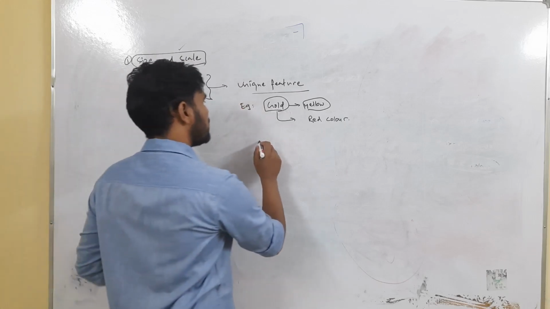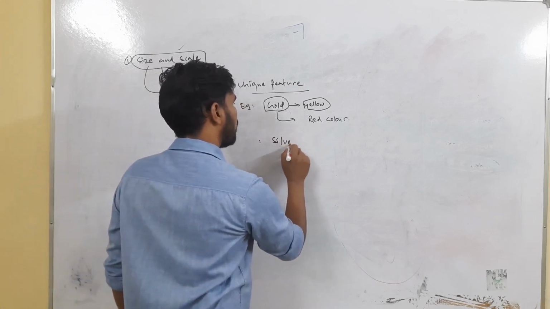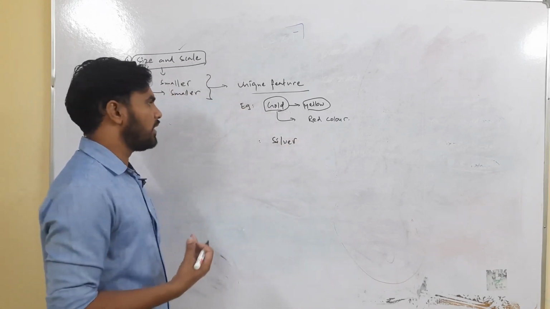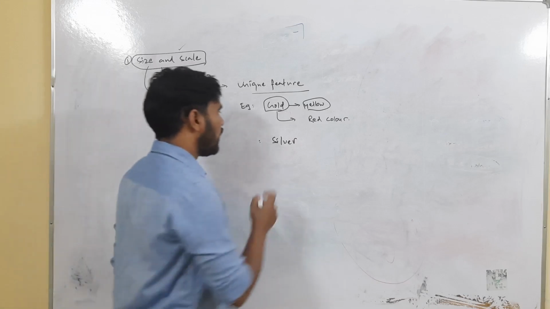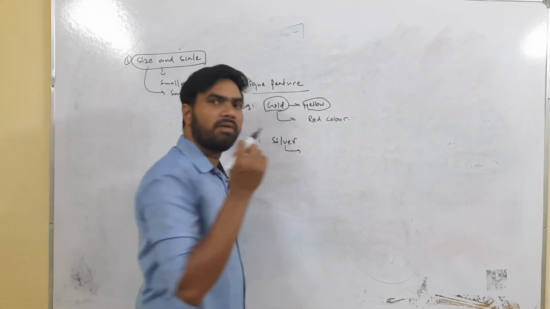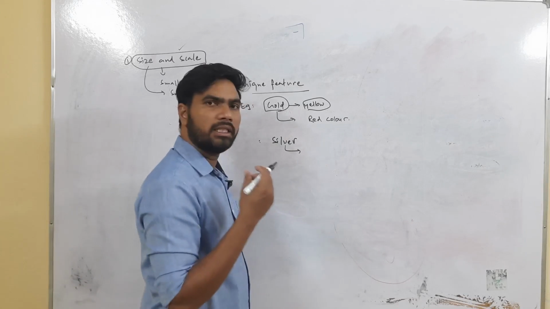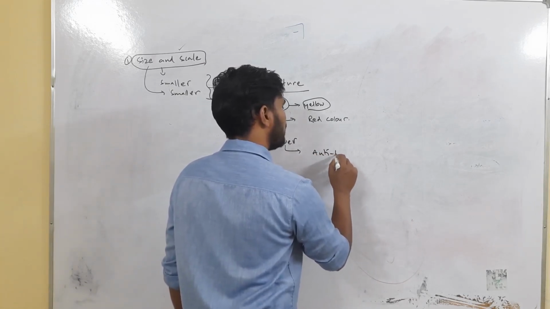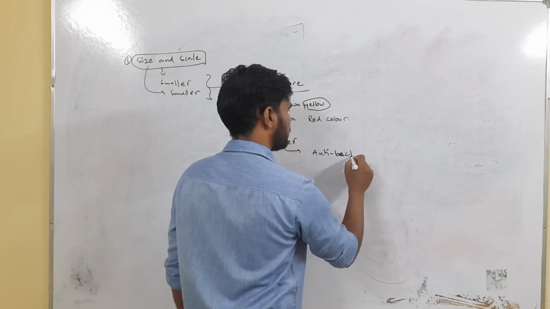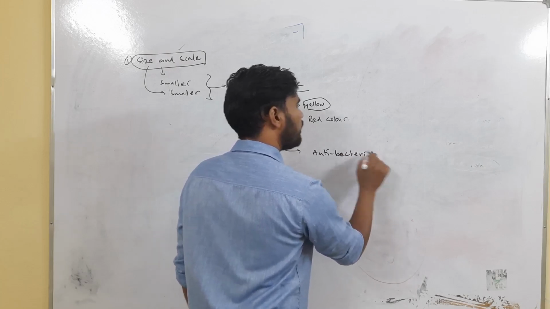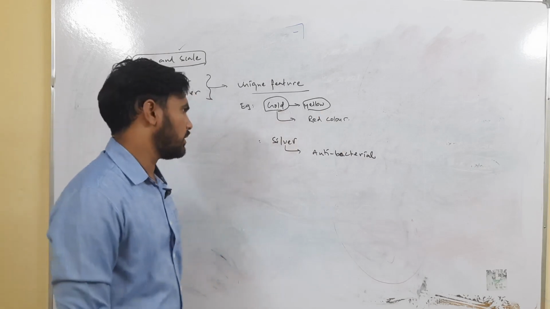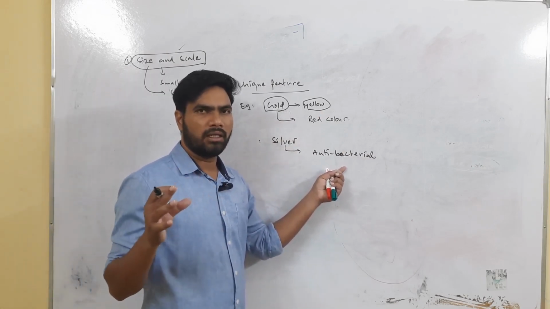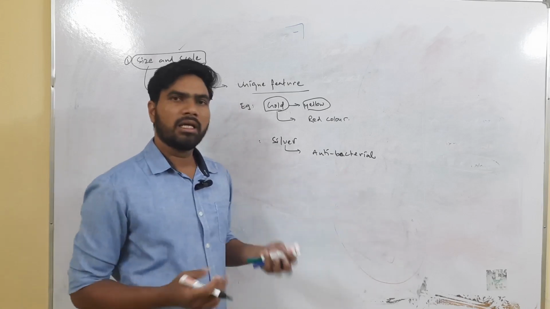The second example is silver. Generally what purpose do we use silver for? We wear silver ornaments. But silver nanoparticles act as very good antibacterial materials, or they exhibit antibacterial properties. What is the meaning of antibacterial property? They start killing bacteria. What is the advantage?